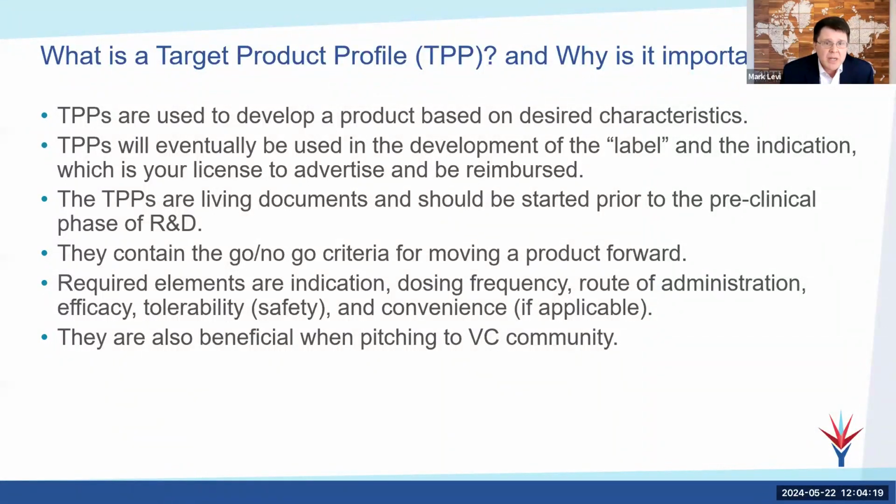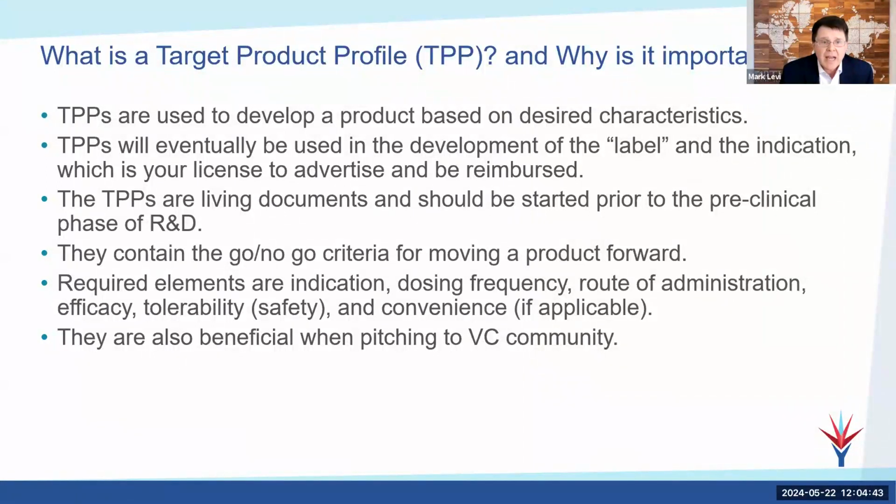The target product profiles are living documents. They are frequently revised, updated, edited, kept current, and should be started prior to the preclinical phase of research and development. They also contain the go, no-go criteria for moving a product forward.